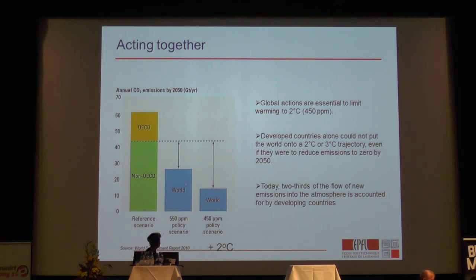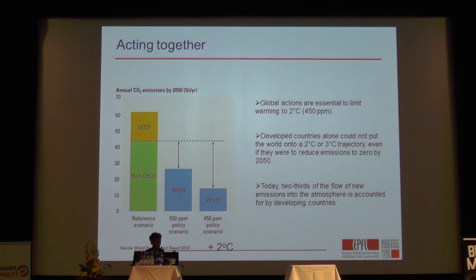And if we want to try and reach these scenarios, which are what are considered necessary to limit global warming to 2 degrees, then it would be no good if we cut all the emissions from the OECD countries. We still wouldn't be able to meet that target.